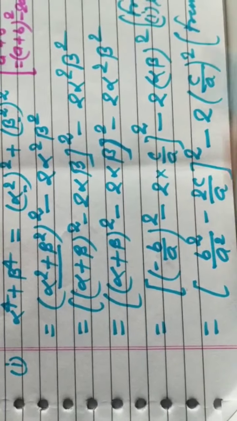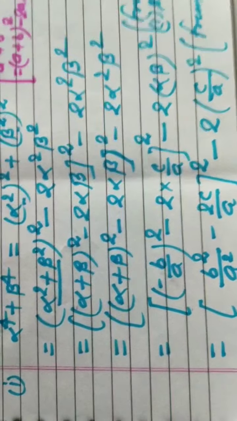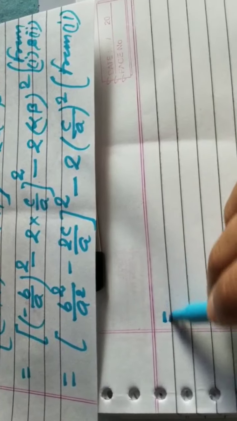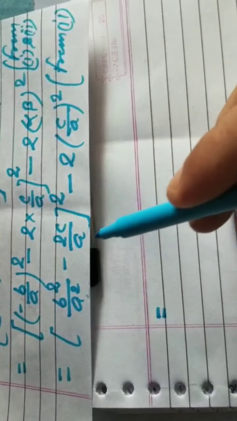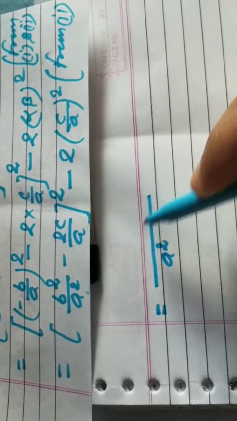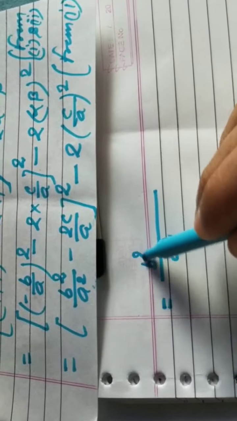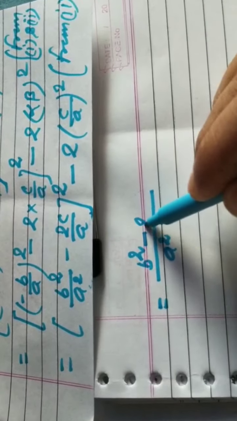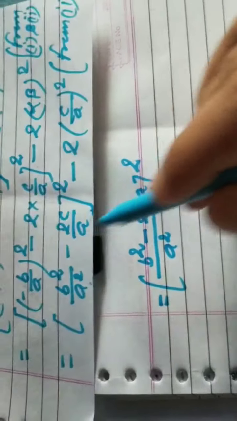Now we have to expand it. So it will be equal to (b square minus a square), and take the LCM of a square and a. It will be a square, and a square divided by a square will be 1, and 1 multiplied by b square will be b square. A square divided by a will be equal to a, and 2c multiplied by a will be 2ca, and whole square is there.